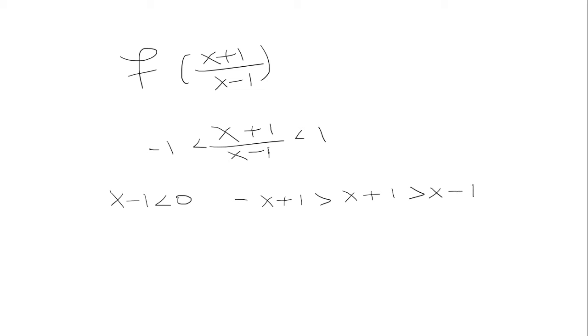At this point, I'm going to subtract both sides by x plus 1. So negative x minus x is negative 2x, 1 minus 1 is 0. And then x plus 1 minus x plus 1 is 0. X minus x is 0. Negative 1 minus 1 is negative 2.